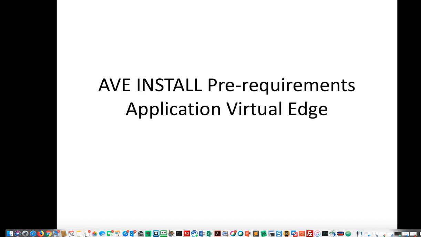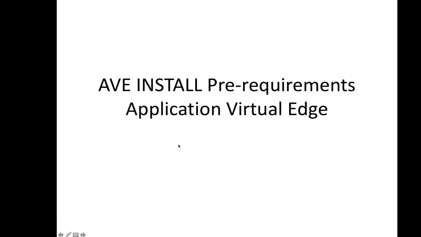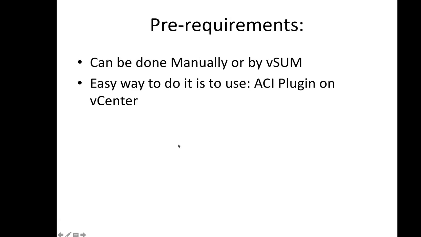Let's talk about what you need to install the AVE. So to install the AVE, you can use vSUM from VMware, the VMware vSphere Update Manager, or you can do it manually, of course, one by one, but that would be kind of tedious to do, especially if you have a lot of hypervisors.